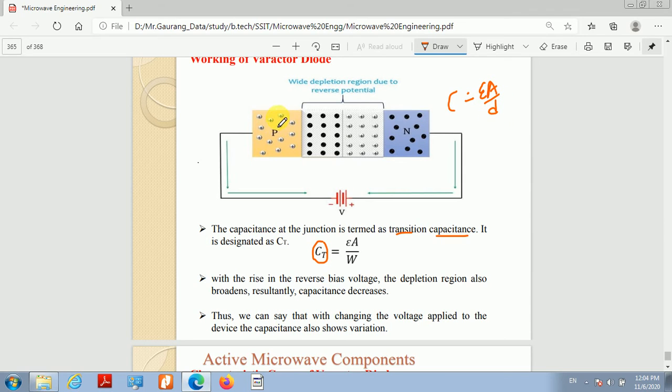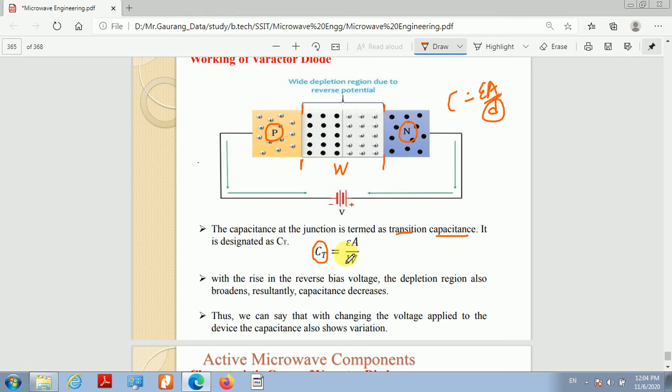Here the P region acts as one plate and the N region acts as the other plate of the capacitor, and the depletion region acts as the dielectric material. The distance between the two plates, the P and N region, is nothing but the depletion layer. They are separated by the width of the depletion region. Let's say the width of the depletion region is W. Then we can replace D by W.